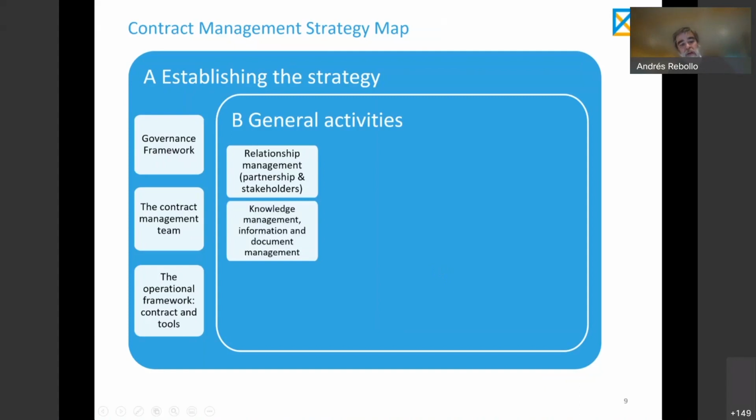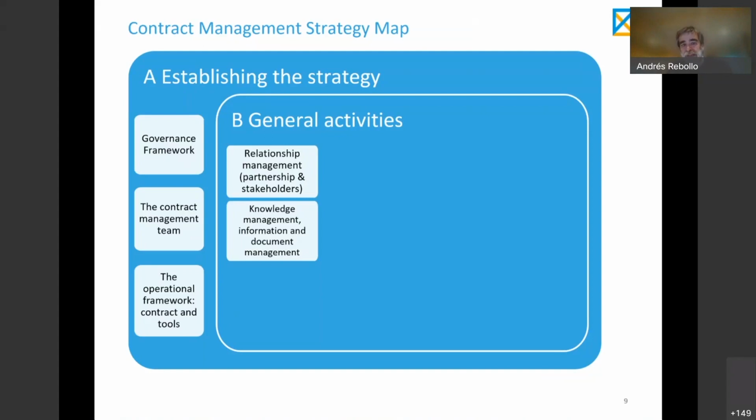Another area of management, general management, if you wish. And when we talk about general management, it's not something that is directly reflected in the contract. There are activities that don't have a direct implication in costs, in affordability, or in value for money, which is more the layer C, the material activities.